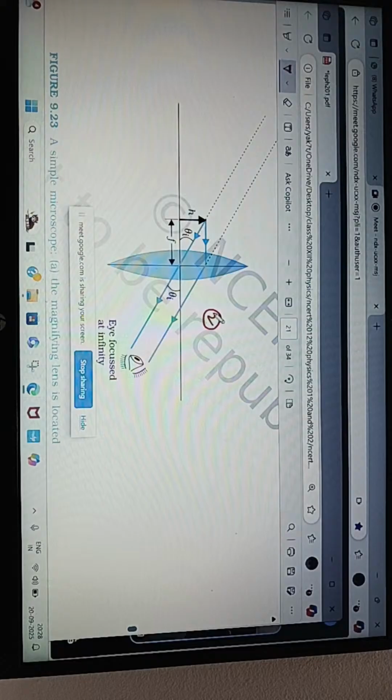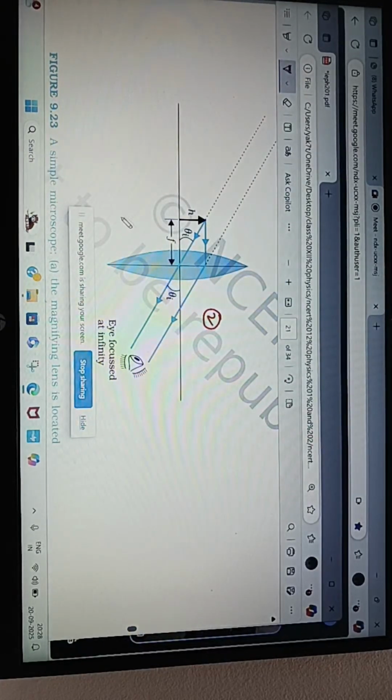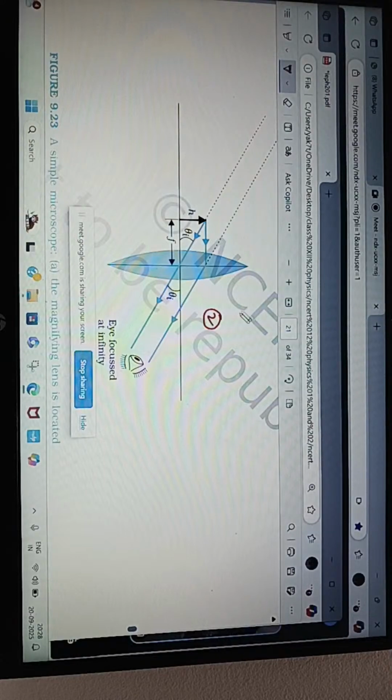This is the second condition. Where is the object kept? Sorry, at F. Very good. At F. Where is the image formed? At infinity. Either this side or that side, they are the same.